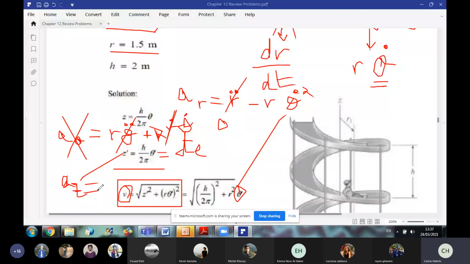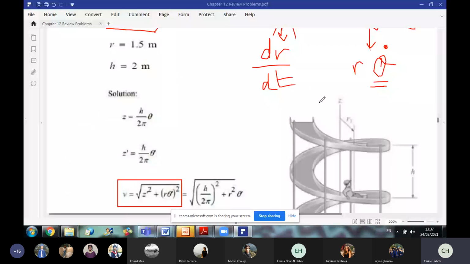So in problem 8, your acceleration will only have a radial component. It will not have A theta, it will not have AZ, and it can be calculated by minus R theta dot squared. So the magnitude of AR will be plus R theta dot squared.